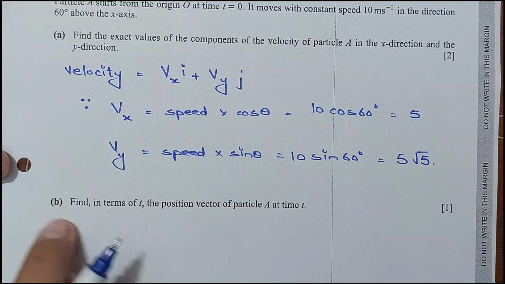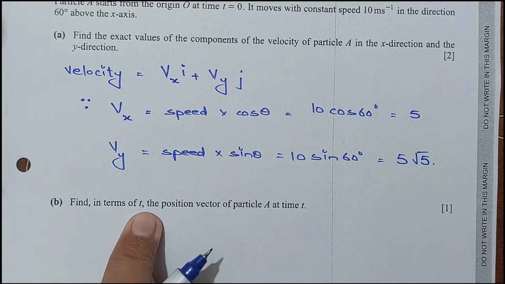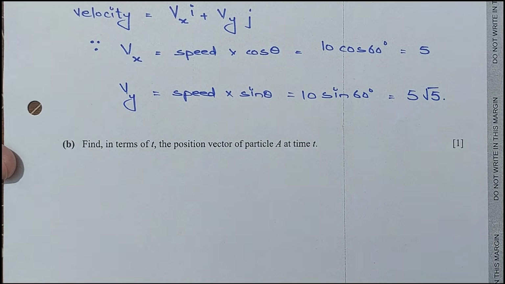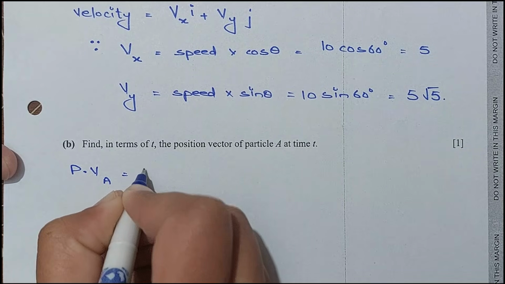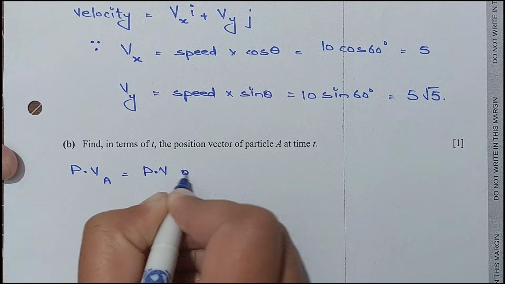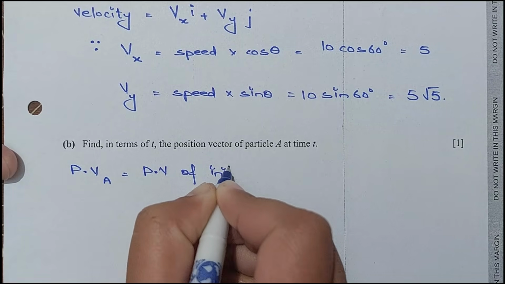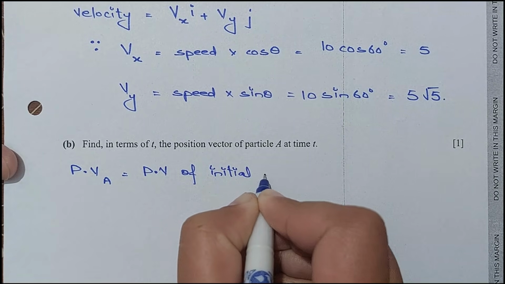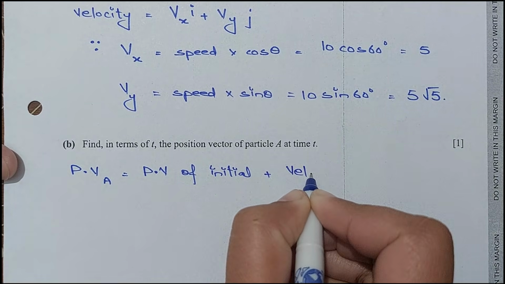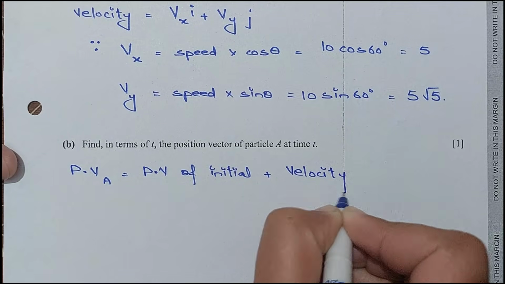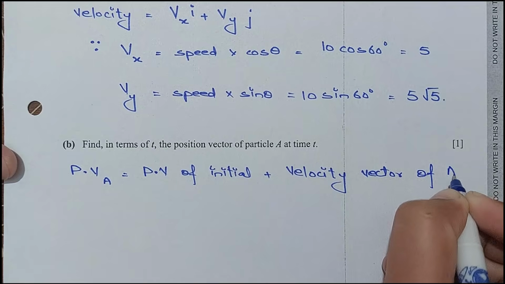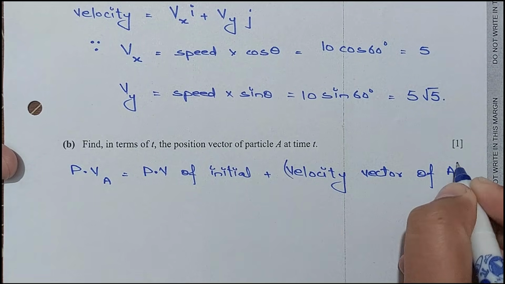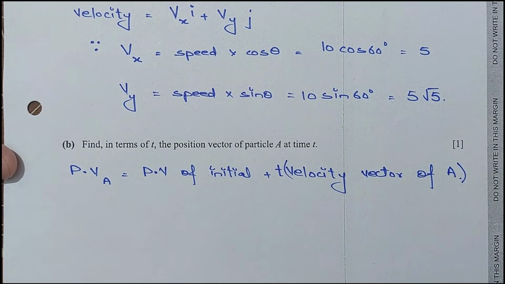Now for part B, find in terms of t the position vector of particle A at time t. The formula for the position vector of A equals the initial position vector plus t times the velocity vector of A. This is the formula, right?